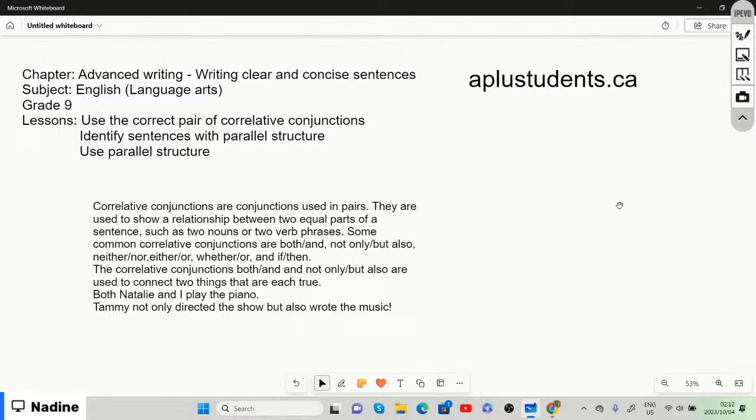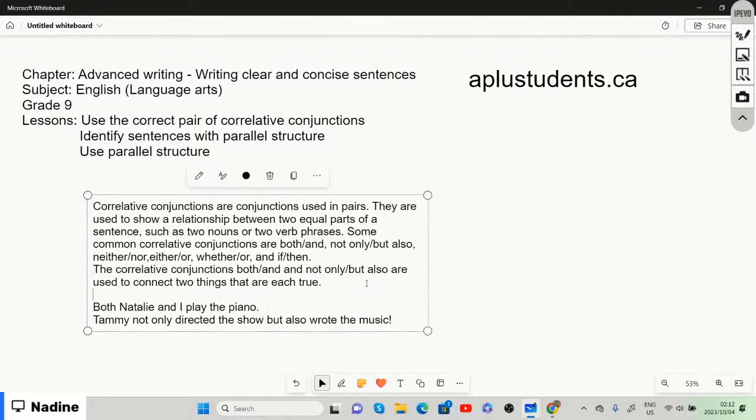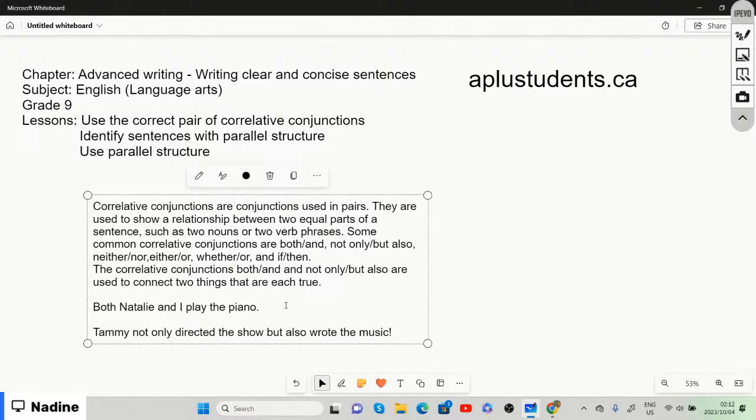For example, if we look at an example: both Natalie and I play the piano. So, both Natalie and I play the piano. Tammy not only directed the show, but also wrote the music.